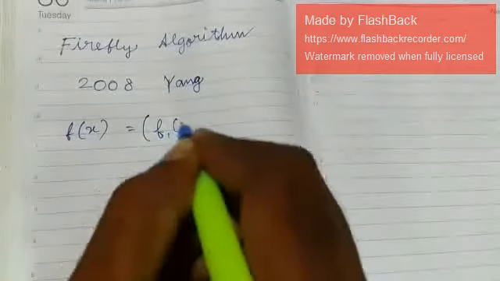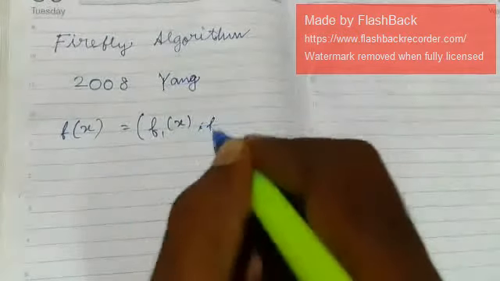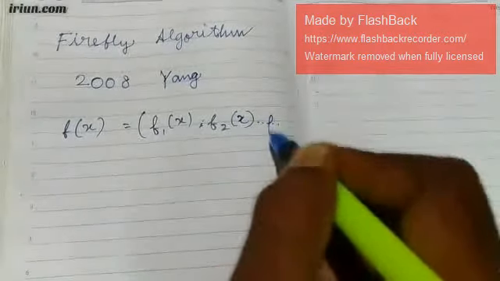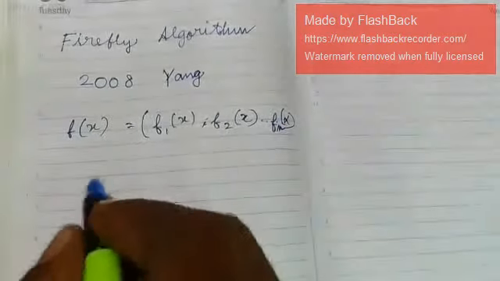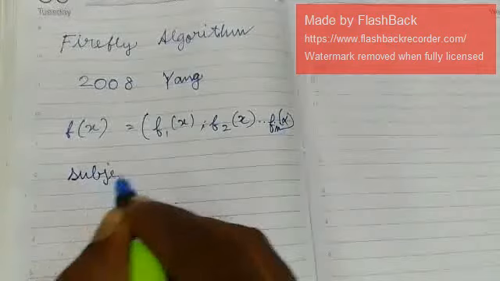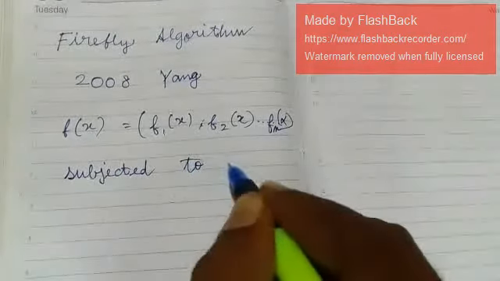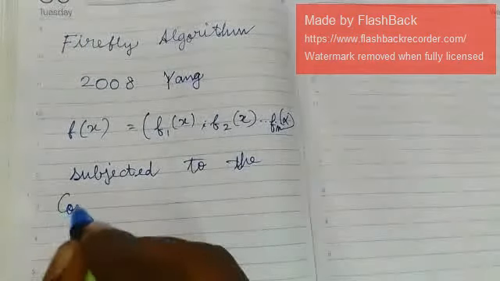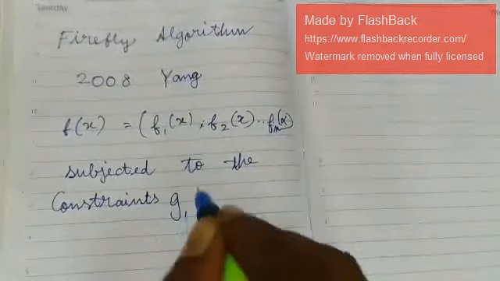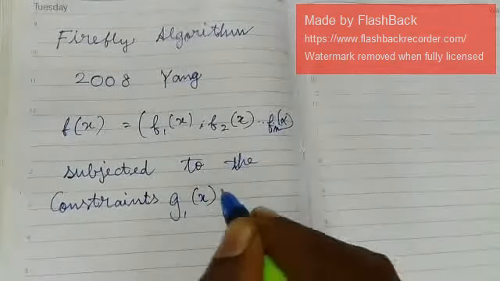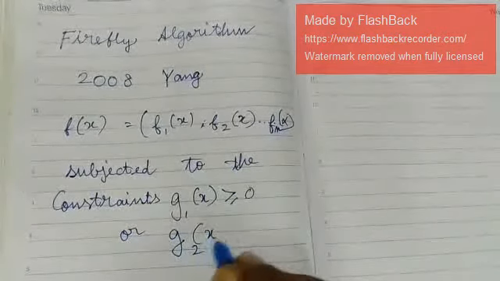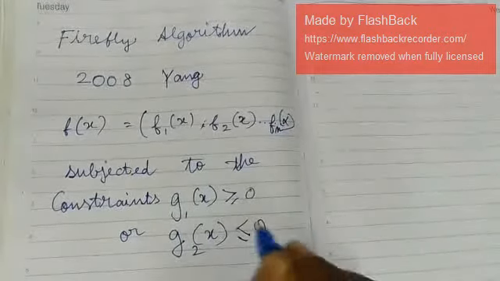It will have f1 of x, f2 of x, up to fn of x, and we do have this problem subjected to the constraints g1 of x greater than or equal to 0, or we may have some other constraint g2 of x which is less than or equal to 0.